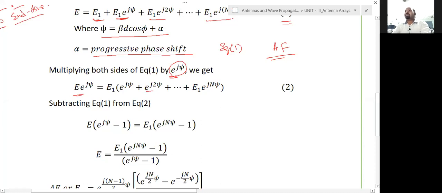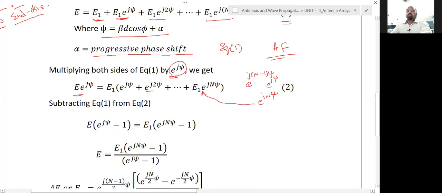And similarly, if you multiply e power j n minus 1 psi with e power j psi, you get e power j n psi. So here you can see E1 e power j n psi.